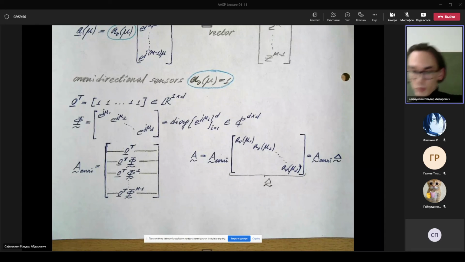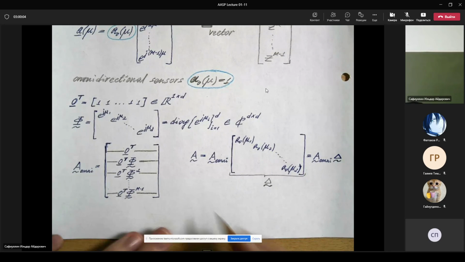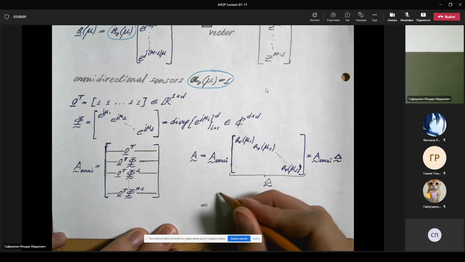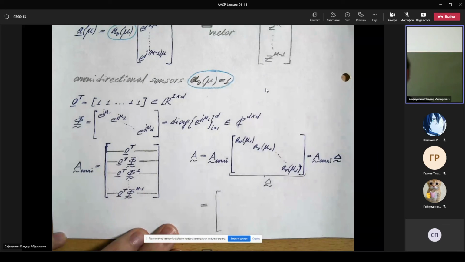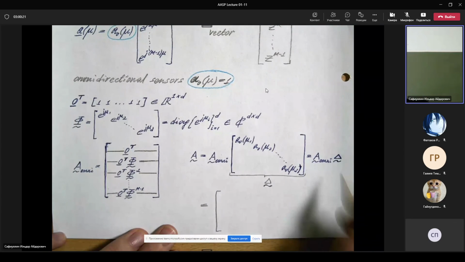And maybe I will show you with the pencil what we will have inside of these multiplications. The first one is O transpose times delta.